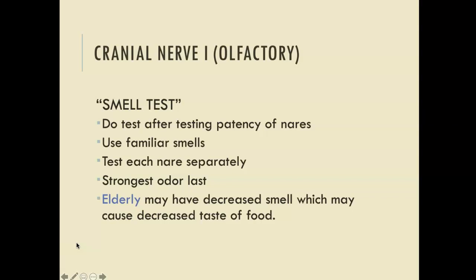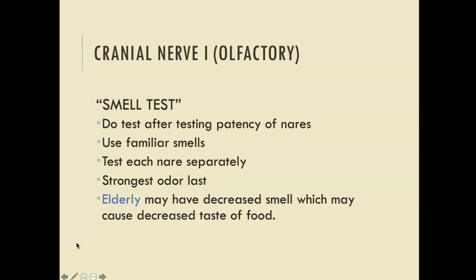You'll have them occlude one nostril, and you'll have them smell the item and then have them describe it to you, and then you discard that one, and then you have them occlude the other nostril and then have them smell the second item. It's my strong suggestion to always use the lighter scent. If you have a lighter scent versus a more stronger scent, use the lighter scent first, because sometimes if you have something really strong and overpowering, it will mask the lighter scent.